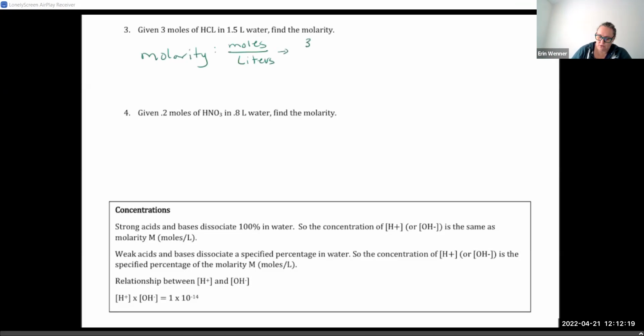So for this one, we're going to do 3 moles over 1.5 liters, which gives us 2 M. So it has a molarity of 2. And again, the big M just means moles per liter.